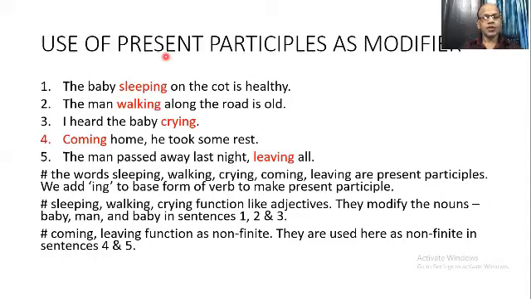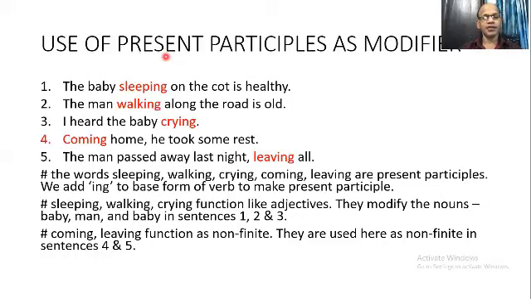The words sleeping, walking, crying, coming, leaving are present participle. We add ing to base form of verb to make present participle. Sleeping, walking, crying function like adjectives. They modify the nouns baby, man, and baby in sentence 1, 2, and 3.